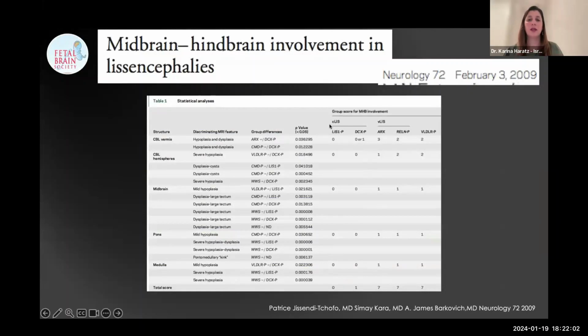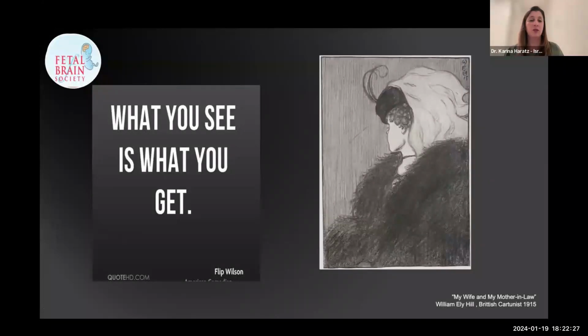Okay, and we know that LIS1 less, so in Miller-Dieker we don't see significant involvement of the brainstem and the cerebellum, but in ARX, if you remember my talk, Reelin and other abnormalities, so we may have, again, postnatally, much more significantly than prenatal evaluation. But there is always a but.